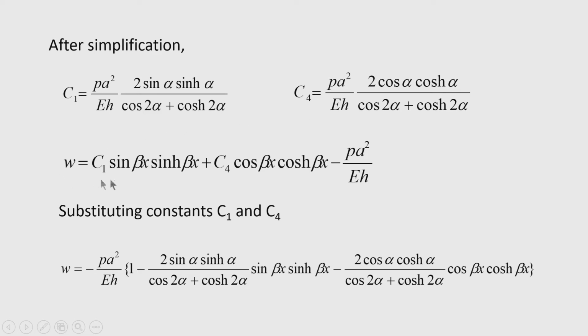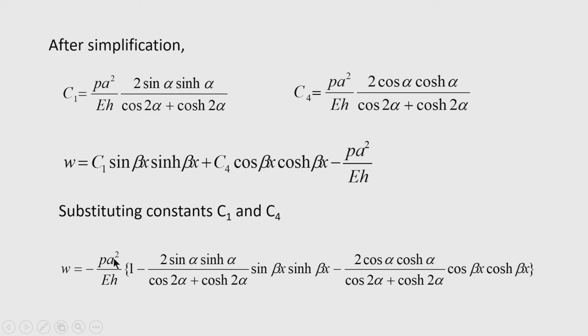So, we can now write the complete solution. The complete solution is C 1 sin beta x sin hyperbolic beta x plus C 4 cos beta x cos hyperbolic beta x minus p square by E h. C 1 and C 4 are now completely known. So, therefore, substituting C 1 as this quantity and C 4 as this quantity in this expression, we can now get the equation in this form.